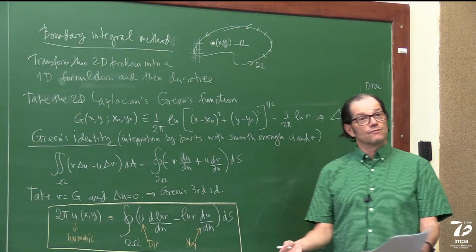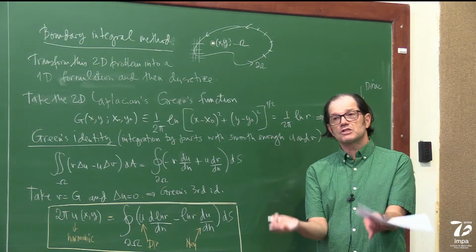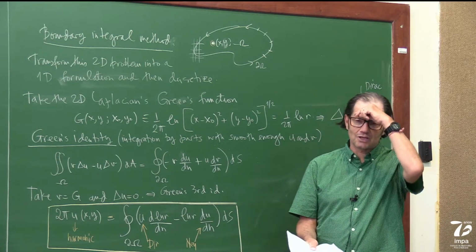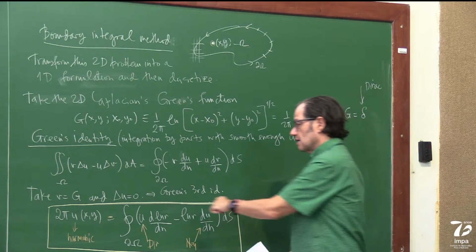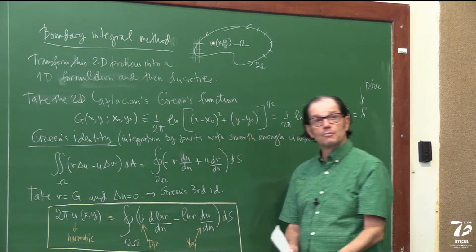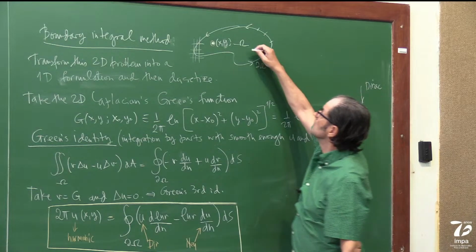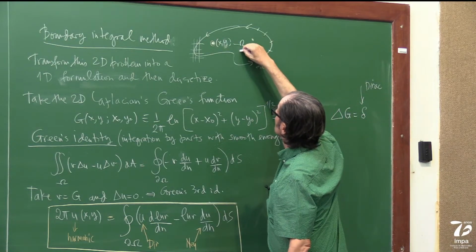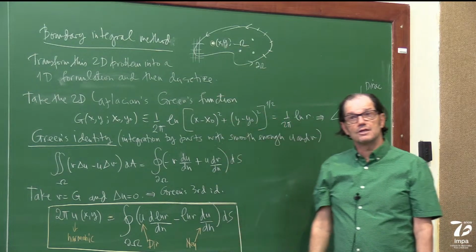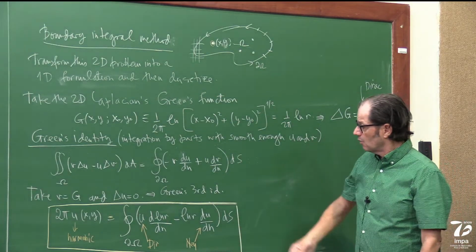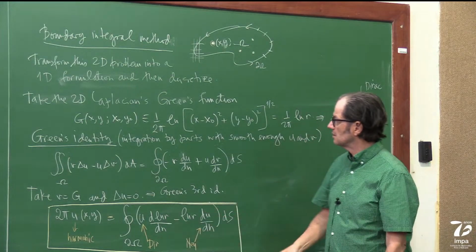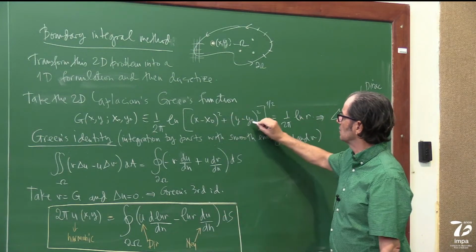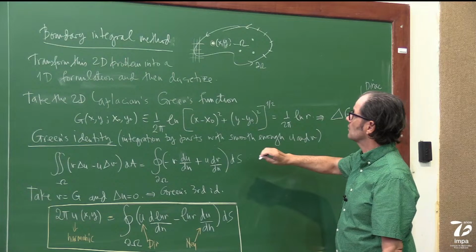And then, once I know a good approximation for both data, Dirichlet and Neumann, I compute this integral numerically, and I know the value of my harmonic function anywhere inside the interior. How? Through the Green's function, right? That means x naught and y naught, for example, are on the boundary.